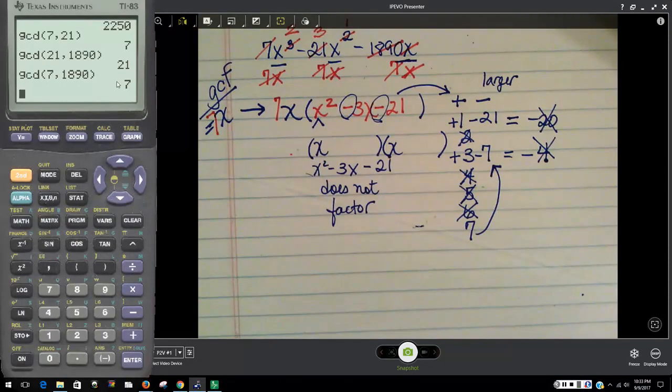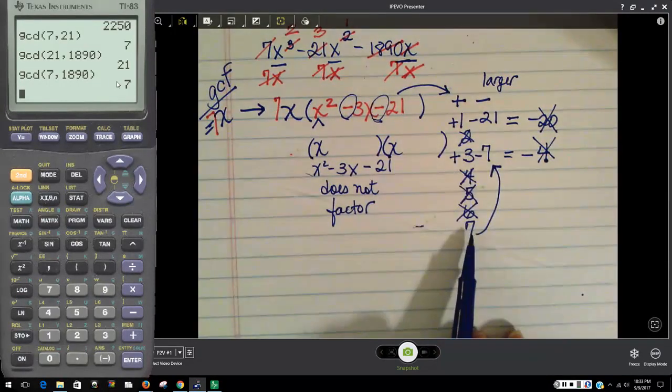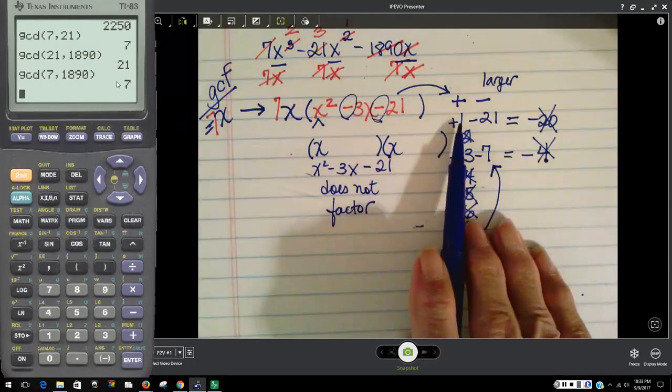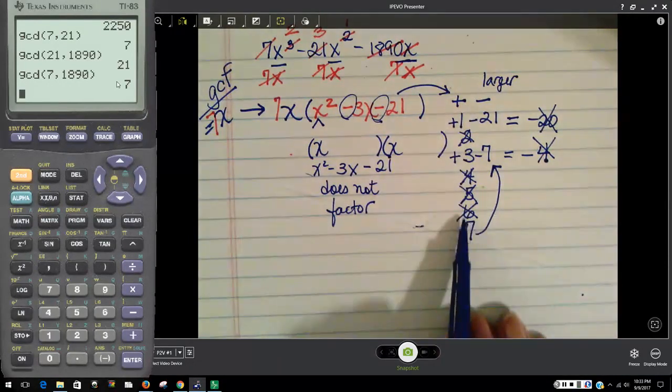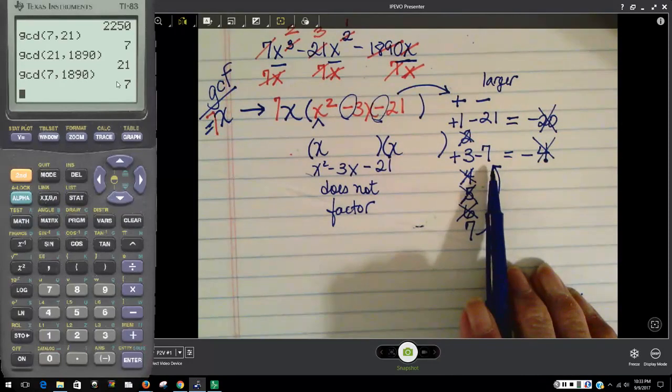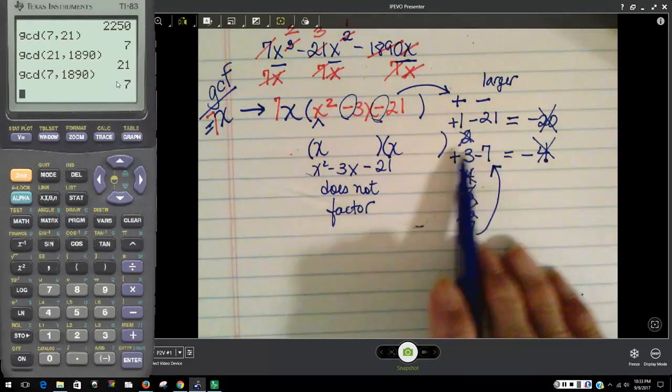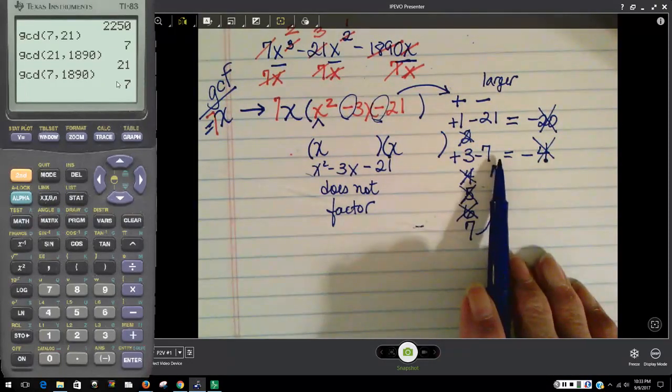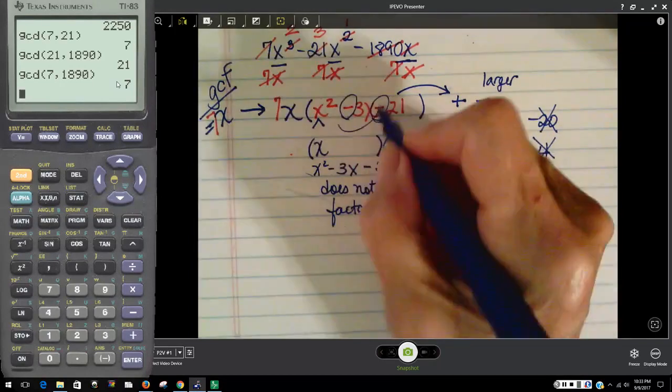Okay? You'll always list out all of your potential factors, going down your first list with 1, 2, 3, 4, 5, 6, 7 until you actually repeat something from the second list. If the numbers you have don't add or subtract to give you what you want for your middle term, it doesn't factor.